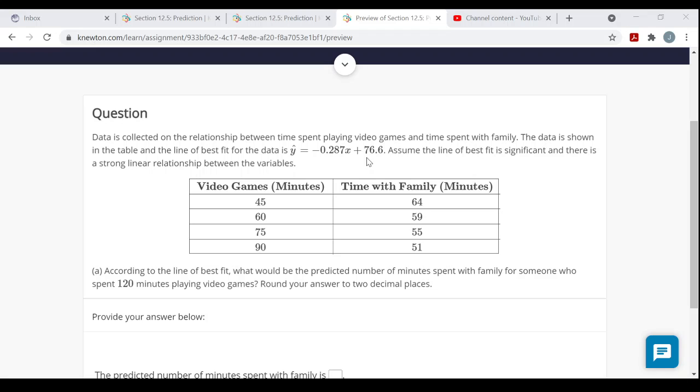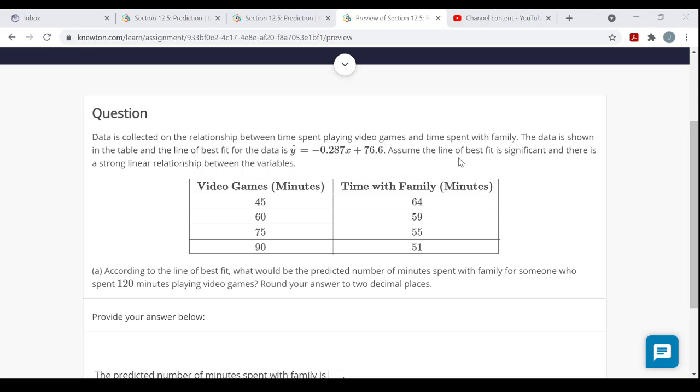I did in the first video. You can enter these lists and look at a scatter plot and graph the best line and see how they're related. See how the line is pretty good at fitting the data, but I'm not going to do that this time. So y hat is the slope, negative 0.2287 times x, plus the y-intercept 76.6.